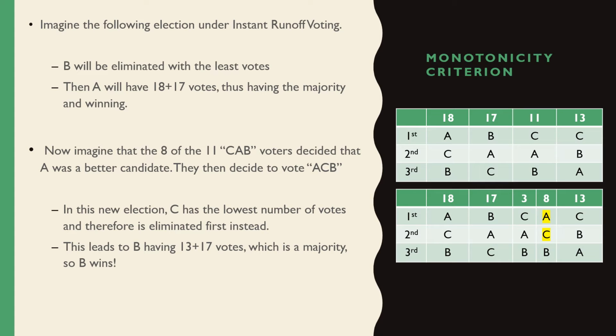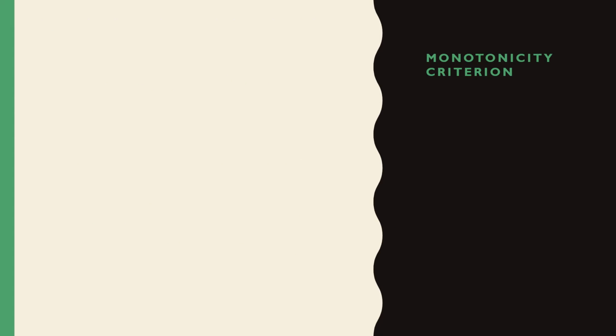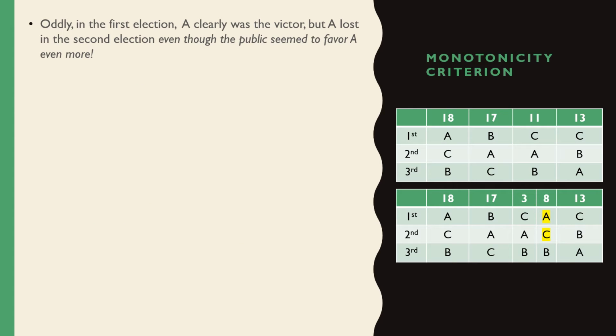That is a majority, so actually B wins this election. But A, as strange as this was, received more positive feedback. People liked A more in the second example, but B won. Okay, so the public favors A more, but B wins.